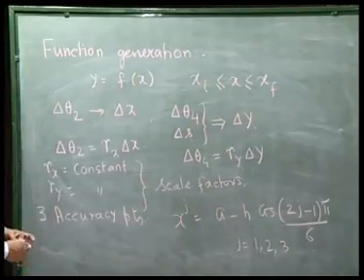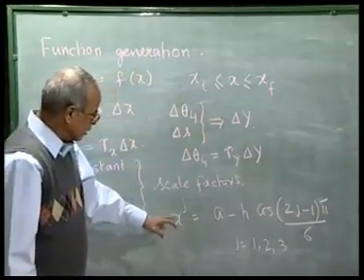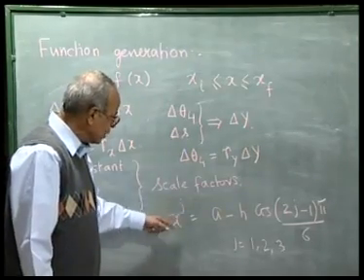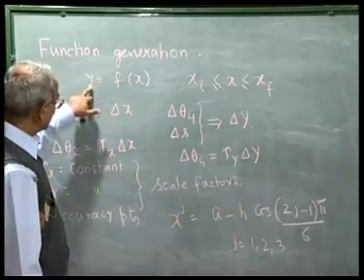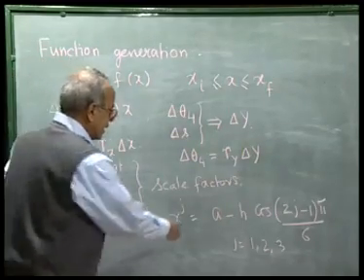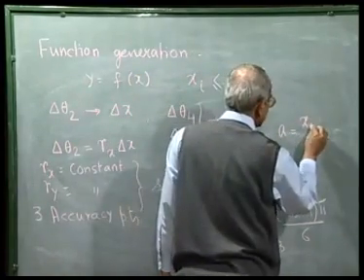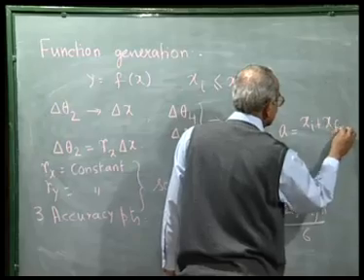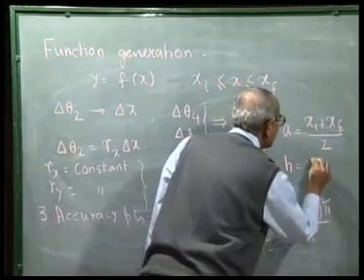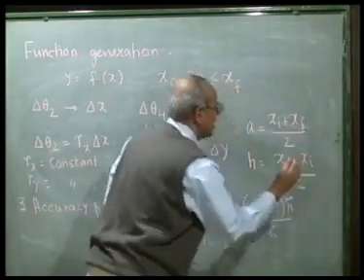So, 3 accuracy points in this range are given by this formula, which we then call the 3 Chebyshev's accuracy points, namely x1, x2 and x3, and correspondingly find the values of y, which will be y1, y2 and y3. In this expression, if we remember, a means the midpoint of this range and h is half of the range.